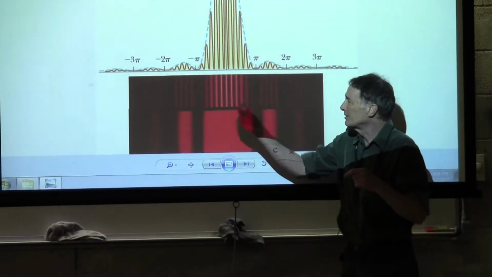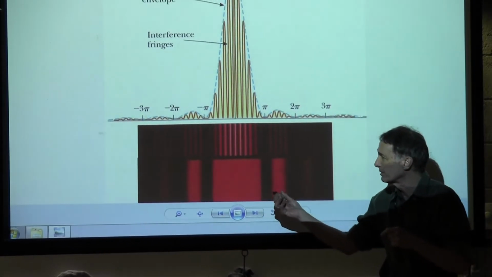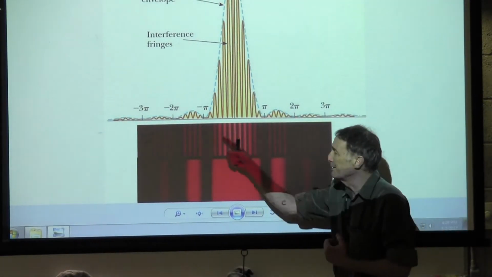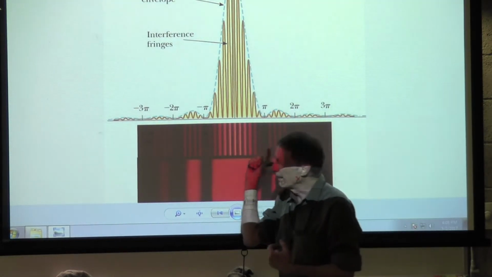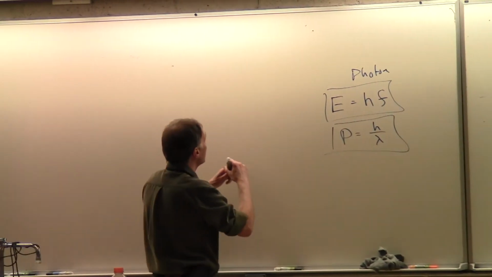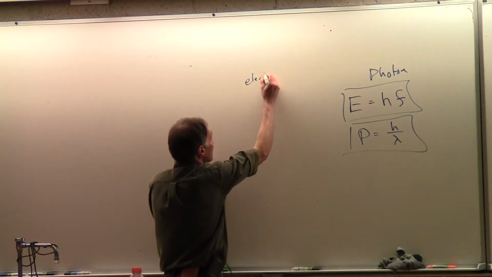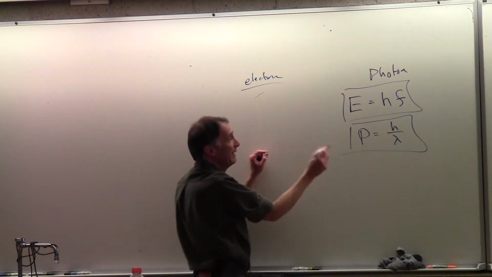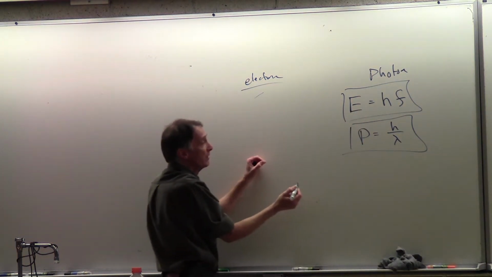Instead of shooting photons at the double slit, we shoot electrons at the double slit. We get this interference pattern, and it supports the idea that both electrons and photons obey these same properties, the same equations.